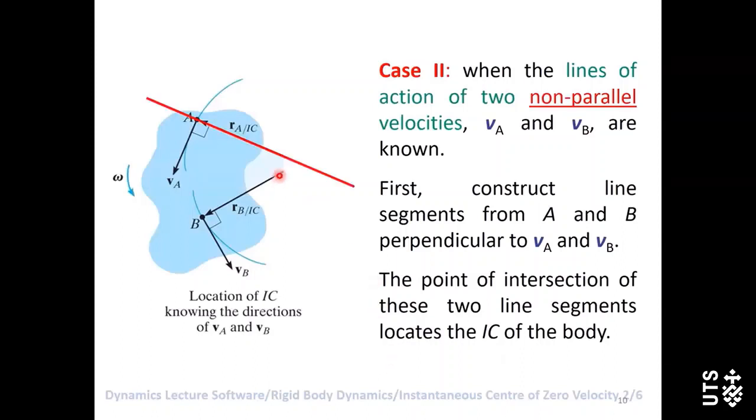Next, if we draw a line connecting point B and the IC point, this line must be perpendicular to the direction of VB. Now these 2 lines give us an intersection point, and this intersection point will be the IC point.